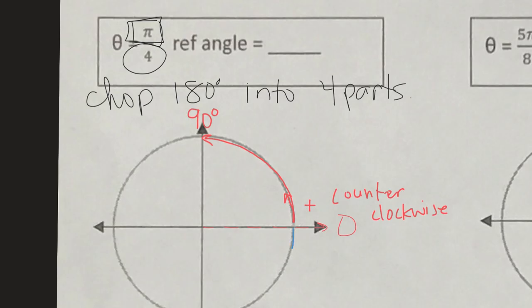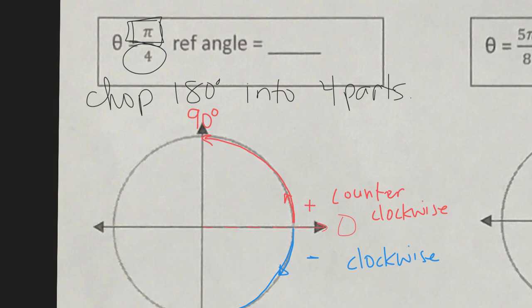Now, if we start at 0 and come down, if we go clockwise, the same way as our American Western clocks do, then we have negative angles. So if we come down our unit circle until we get to here, that's negative 90 degrees. So if we have a positive angle, that means we're going counterclockwise around our circle. And if we have a negative angle, we're going clockwise around your circle, always starting from the positive x-axis.